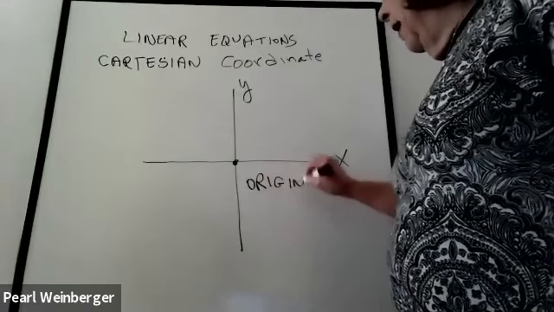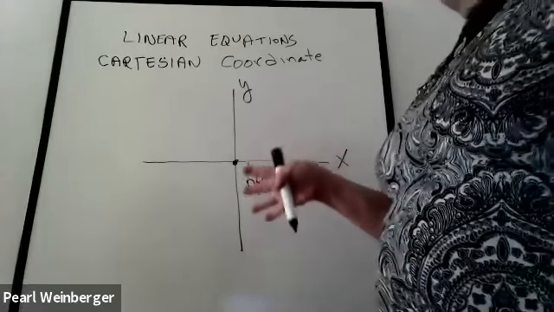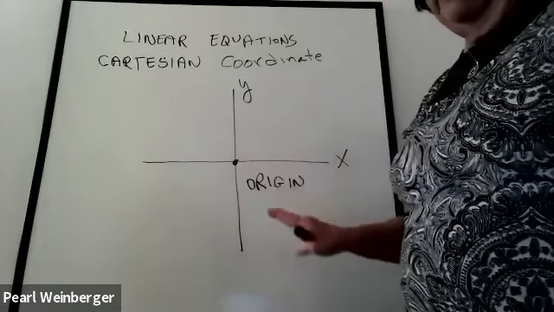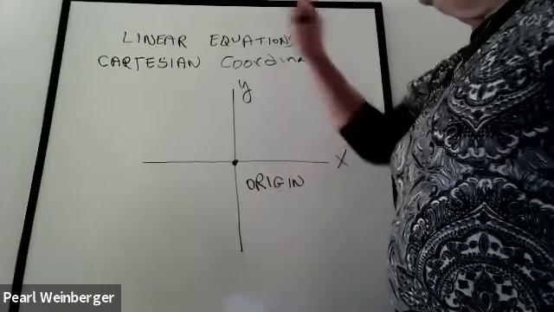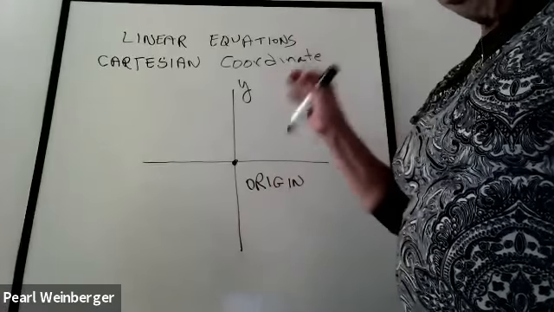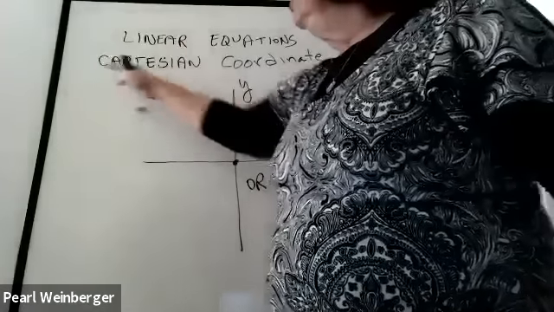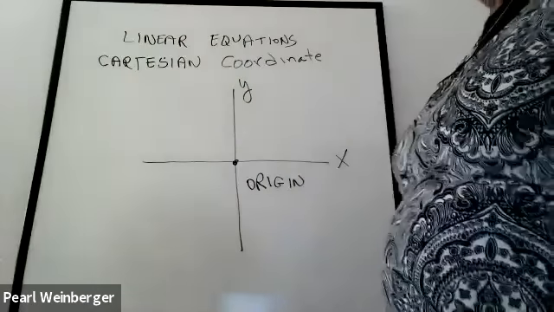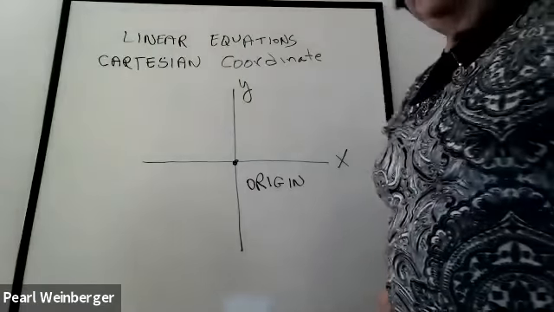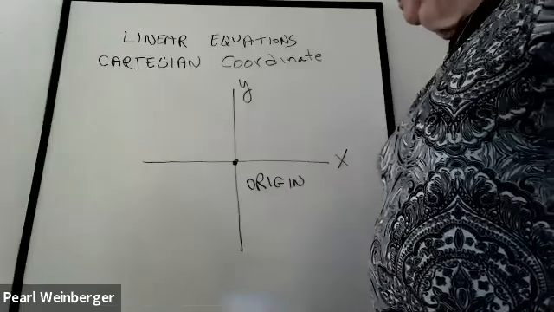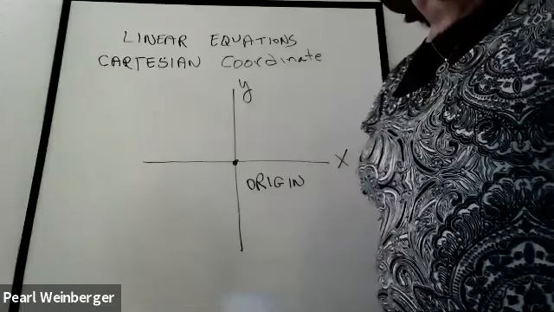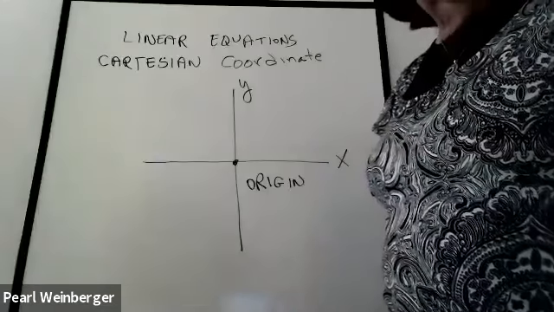The actual originator of this type of graphing was somebody called René Descartes. That's why this is called Cartesian coordinate graphing. Not important for you to know that, but he was a French mathematician, and he lived, I guess, in the 1700s.